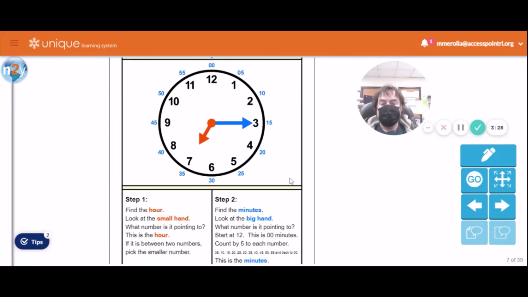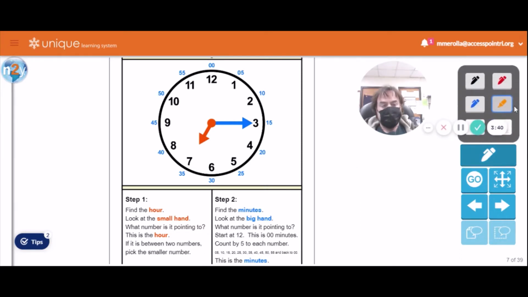On this next page, we have a representation of an analog clock. Step 1 says find the hour. Look at the small hand, which is right over here. What number is it pointing to? It's pointing to the number 7.